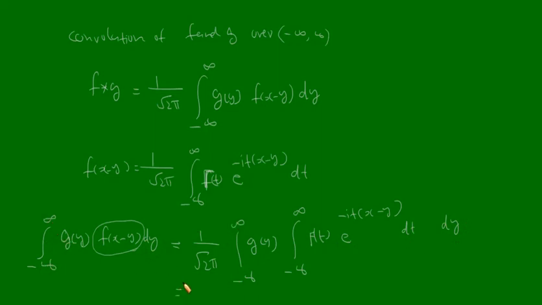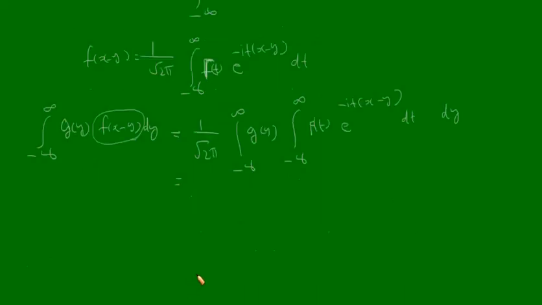Now this can be rewritten as 1 by root 2 pi, integral from minus infinity to infinity F of t.